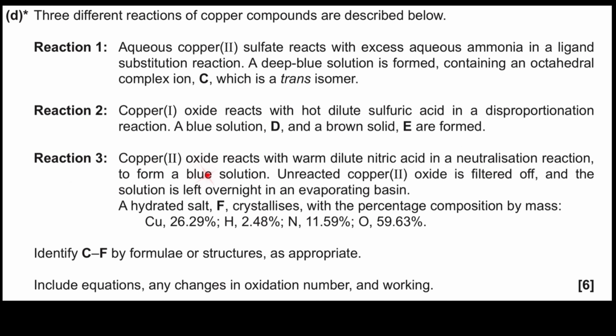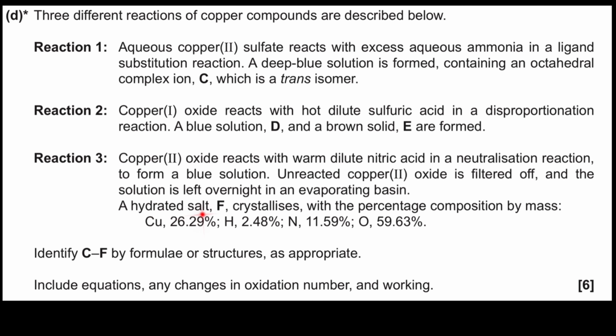Copper(II) oxide reacts with warm dilute nitric acid in a neutralization reaction to form a blue solution. Unreacted copper(II) oxide is filtered off and the solution is left overnight in an evaporating dish.